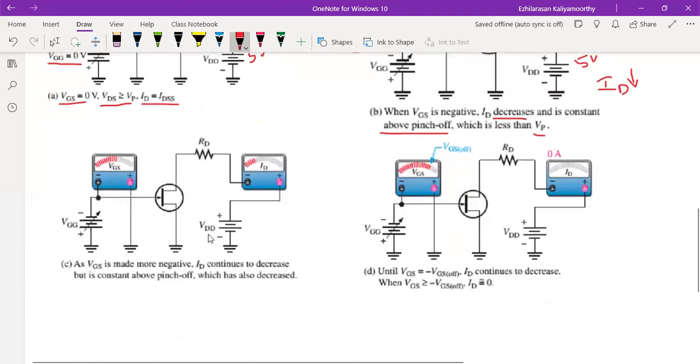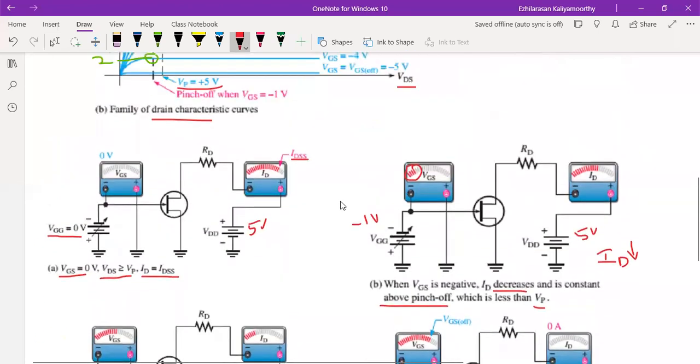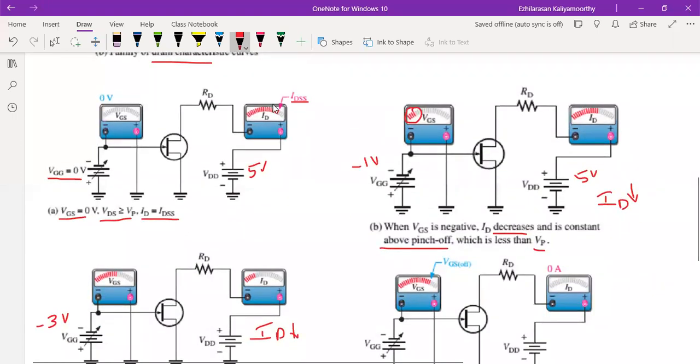Next, third, you can see as VGS is made more negative than minus 1, I will take the example as minus 3 volt. So with more negative VGS, ID continues to decrease, because as the VGS magnitude increases, ID decreases. You can see the figure, the first figure, we had the maximum, right?